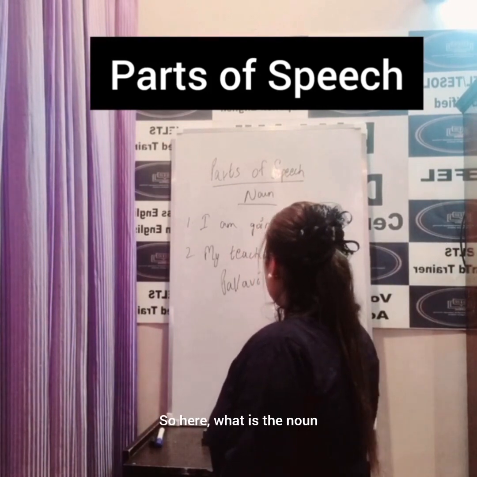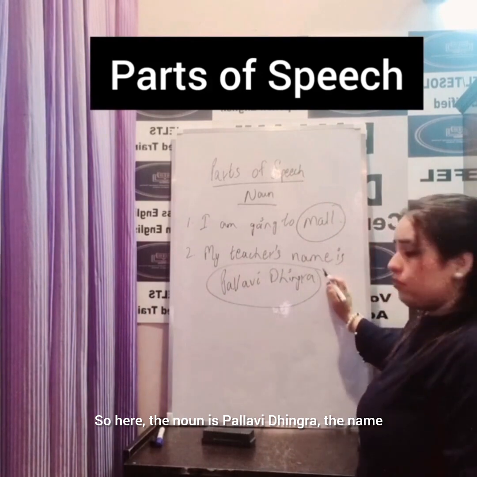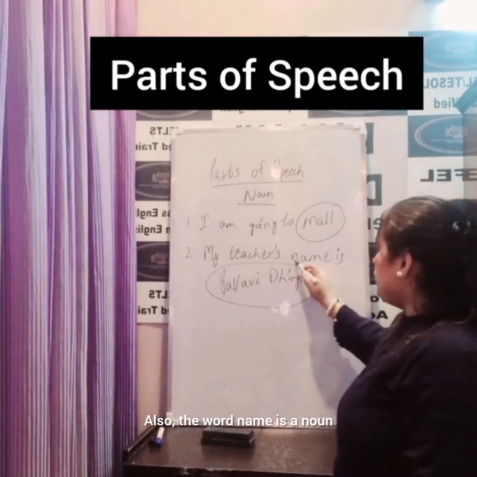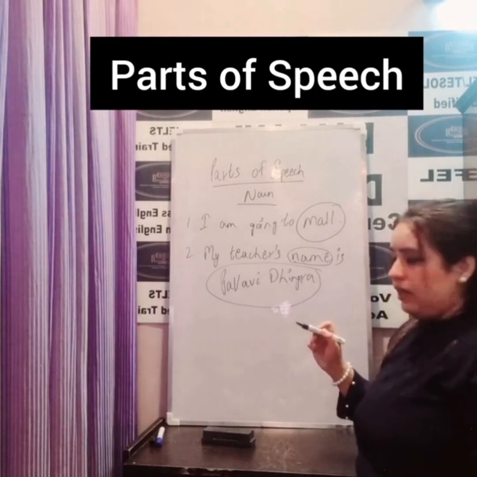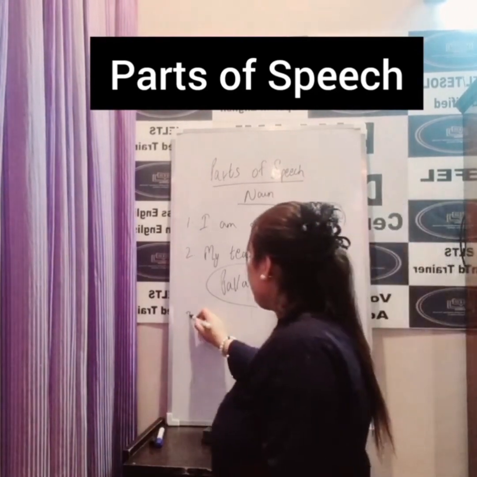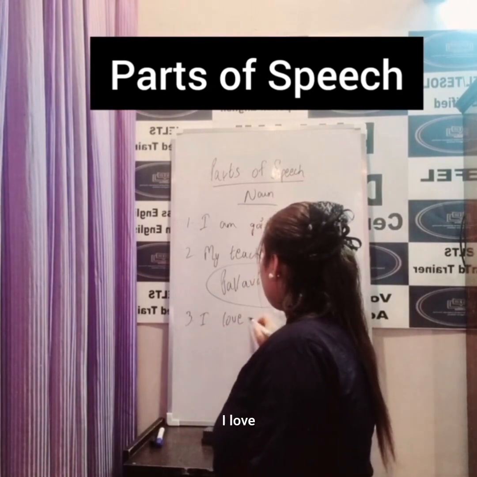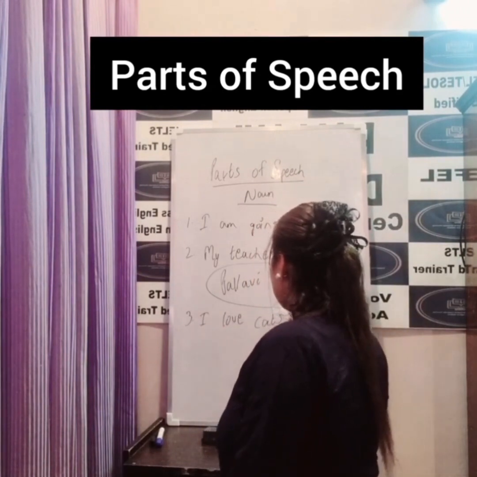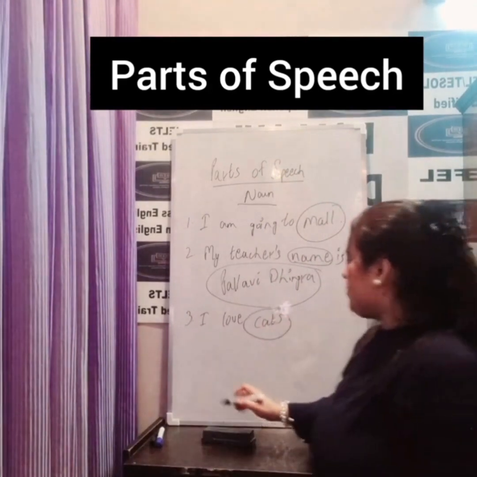So here the noun is Pallavi Dhingra, the name. Also the word name is a noun. Alright? Another example, number 3: I love cats. So here the noun is cats.